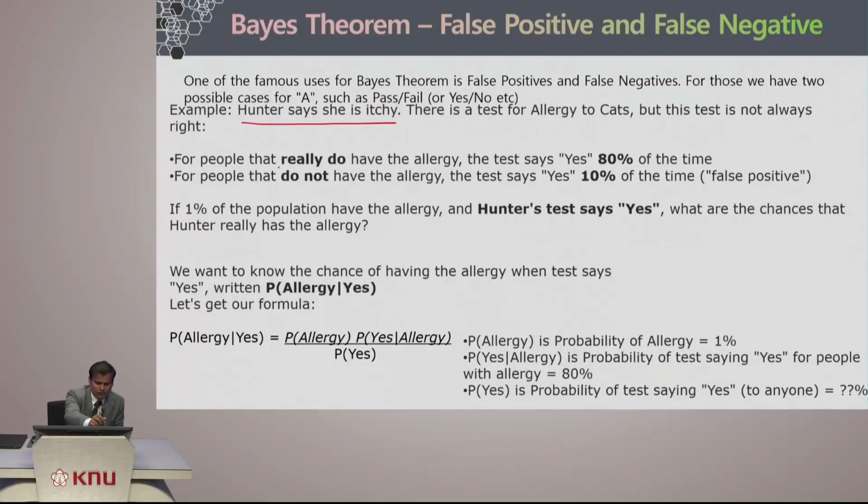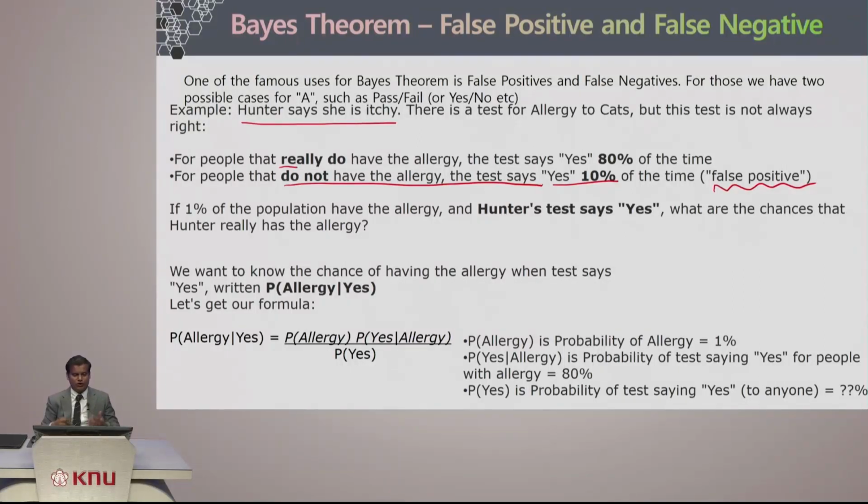When a person really has an allergy, the test gives the correct result 80% of the time. But for people who do not have an allergy, the test says yes, they have an allergy, 10% of the time, which is your false positive.